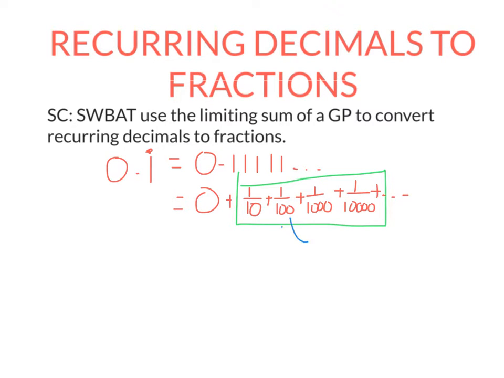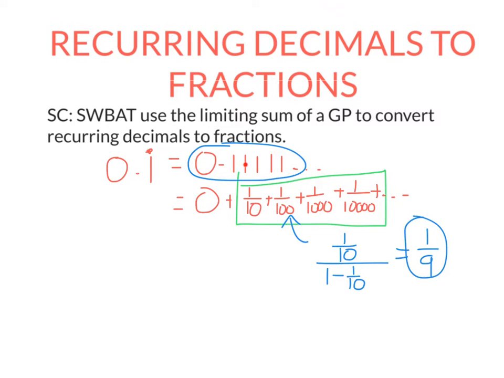So the sum of this here will be a, which is a tenth, over 1 minus r. So we get 1/10 divided by 9/10. Put that in your calculator. You actually get 1/9. This here is equal to 1/9.